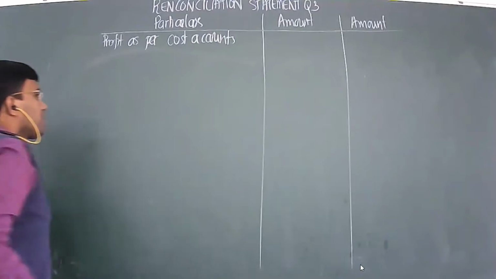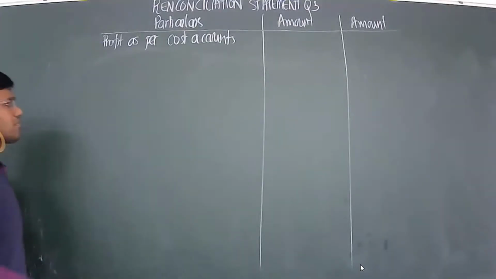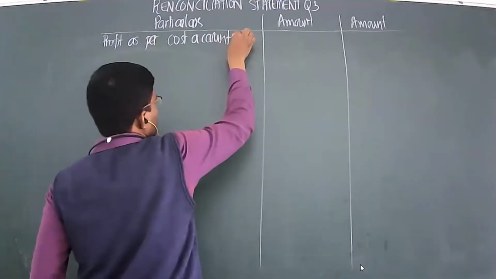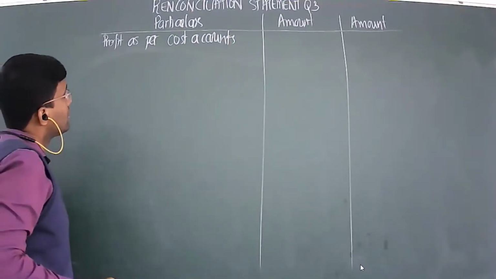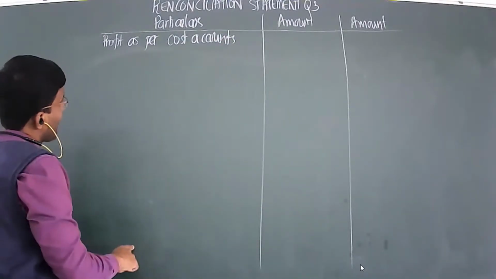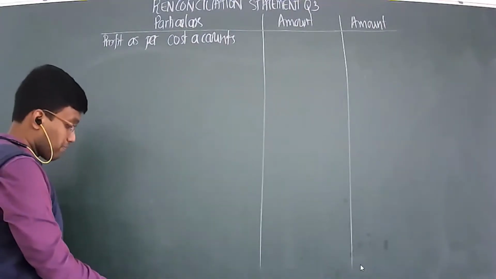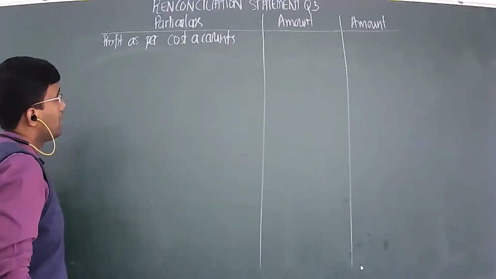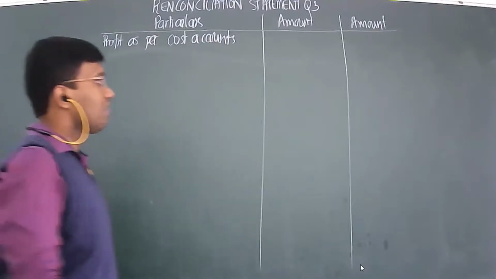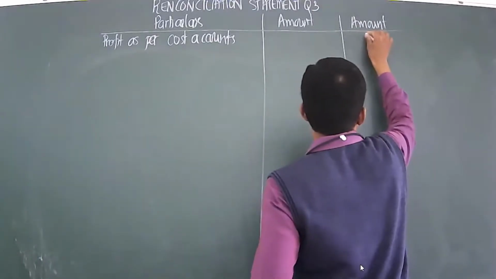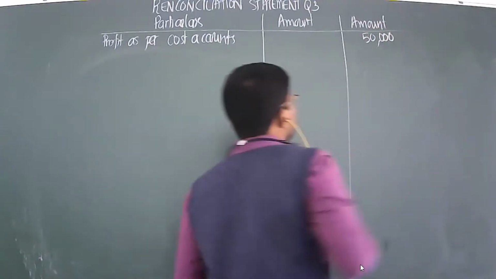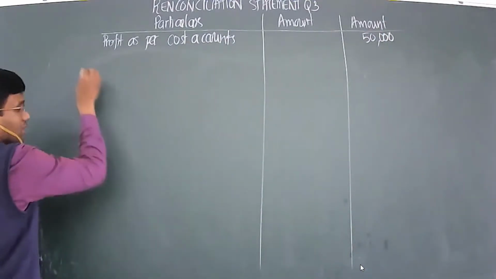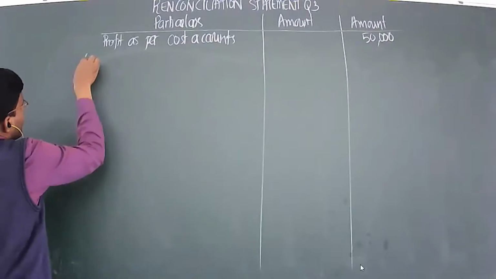We've been given the profit as per cost accounts, and from the profit as per cost accounts, we will have to go about calculating, and we will have to prepare profit as per financial accounts. And we also know that the profit as per cost accounts, this is 50,000, and we will have two separate sections.